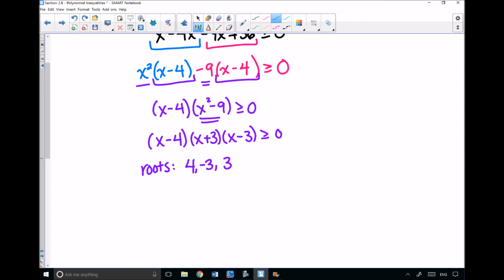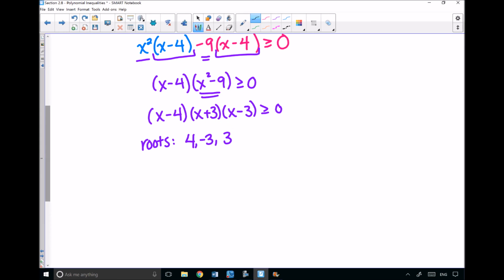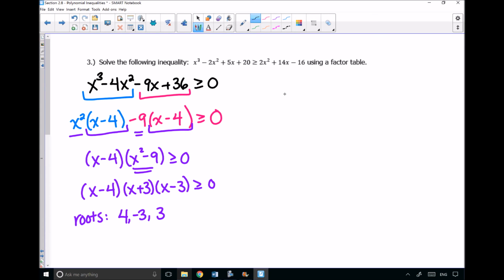Okay, so when I go ahead and do my factor table, I'm going to use it on a number line. I'll draw my number line up here, and I'm going to look at it from my lowest root, which is negative 3, to my next root, which is positive 3, and then I'm going to look at 4. This is what I'm going to be looking at right here.